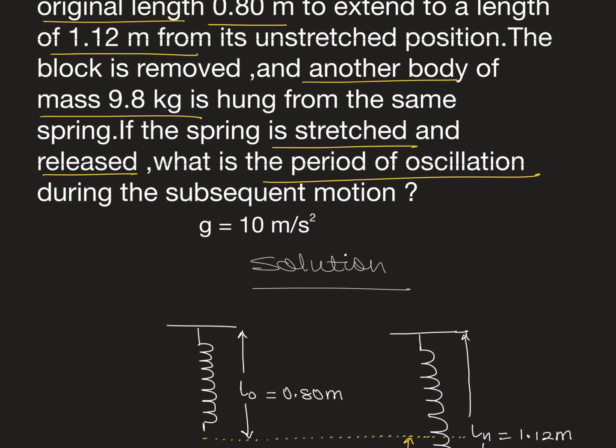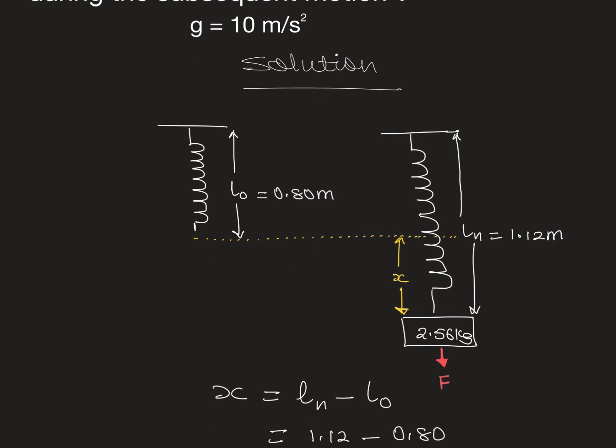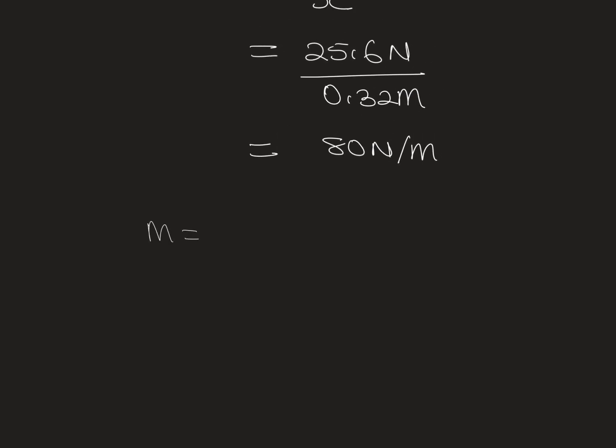It wants us to find the period of oscillation when the 9.8 kilograms mass is hung from the same spring. So the mass given is 9.8 kilograms, and we know that the spring constant is 80 newtons per meter.